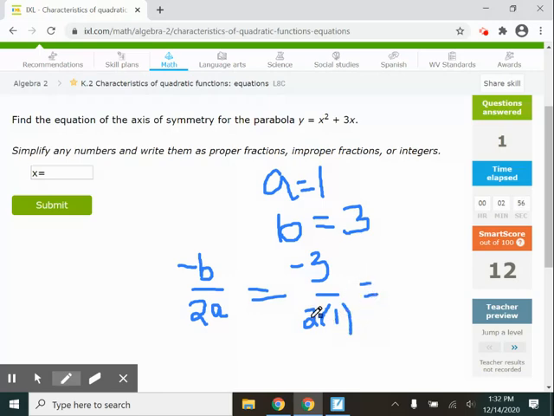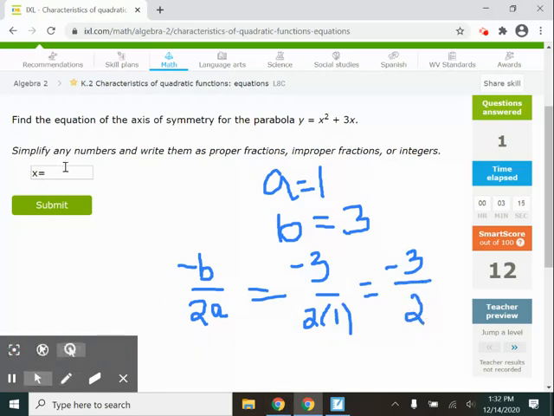Well, 2 times 1 is just 2, and negative 3 over 2 does not reduce. Notice it does not say anything about writing them as decimals. It says proper fractions, improper fractions, or integers. So I would leave this as negative 3 over 2. And that's what I'm going to come up here and type in the box. Negative 3 divided by 2. Again, I have the x equals in front of that because this is an axis of symmetry.